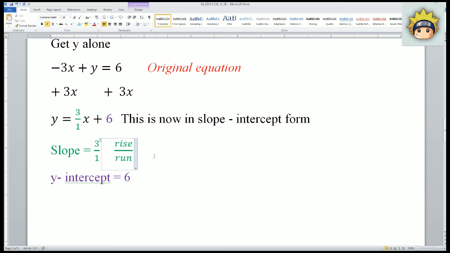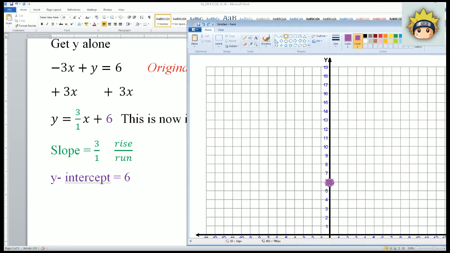You can think about it as rise over run. It says go up 3, 1, 2, 3, then across 1. That's what rise and run is, positive 1.